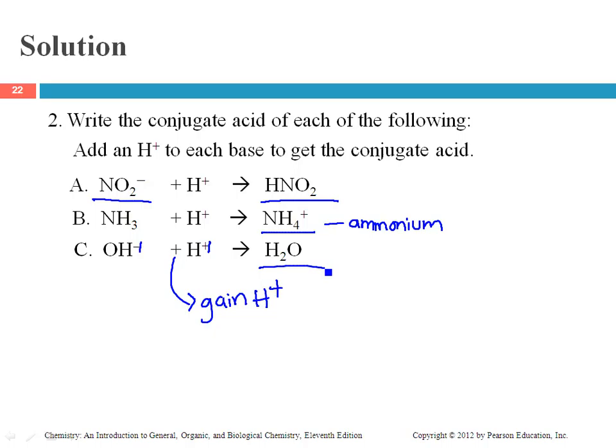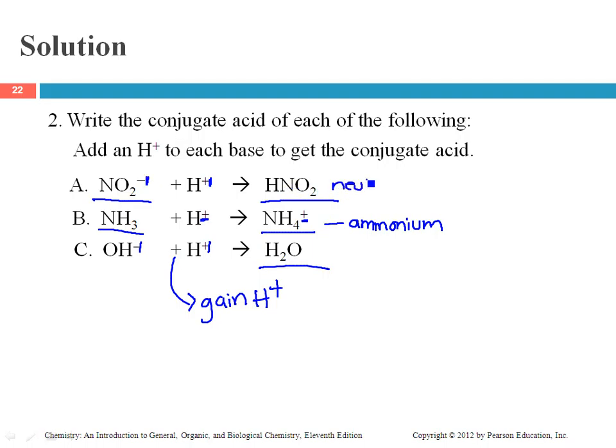Okay. Here in B, we have a neutral base that gains a positive charge, and so it gets a positive charge. Here we start with a negative charge in A, and we gain a positive charge, so it's almost like we've got a +1 and a -1, and we end up with a neutral.